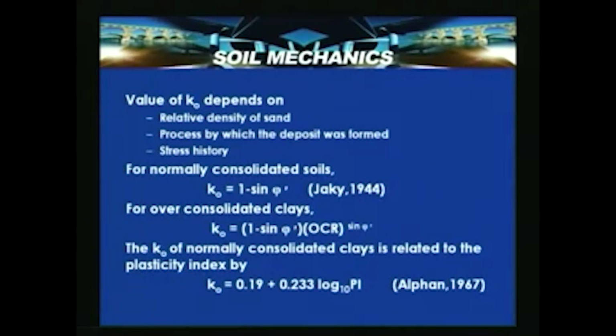For overconsolidated clays, K naught is equal to 1 minus sin phi dash into OCR raised to sin phi dash. The K naught of normally consolidated clays is related to the plasticity index. According to Alpan 1967, K naught is equal to 0.19 plus 0.233 log to the base 10 of plasticity index.